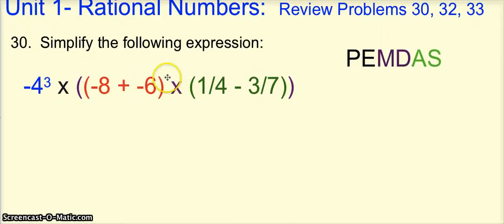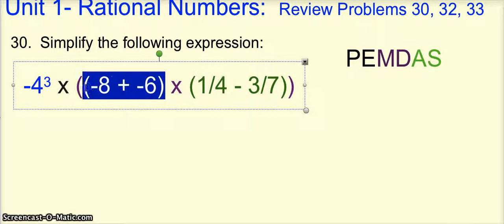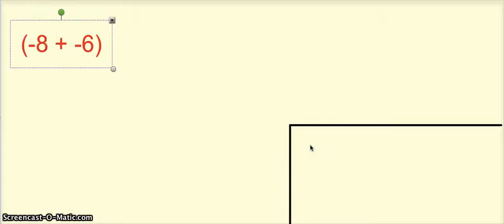So I first want to create just a little space so that I can complete my scratch work, and then that way I can keep the area that I want to use for showing my work nice and neat. So for the first part, I'm going to take -8 plus -6.